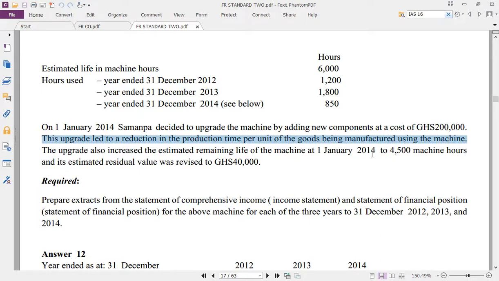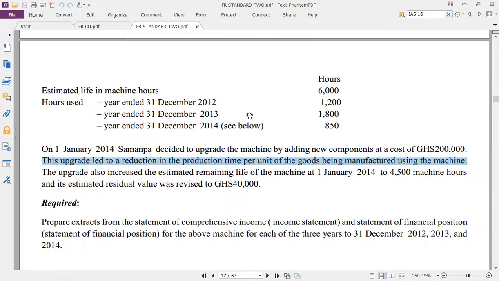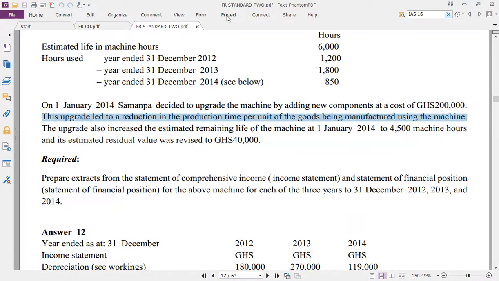So in short, this is a capital expenditure which needs to be capitalized. Capitalizing means adding to the current amount of the asset.